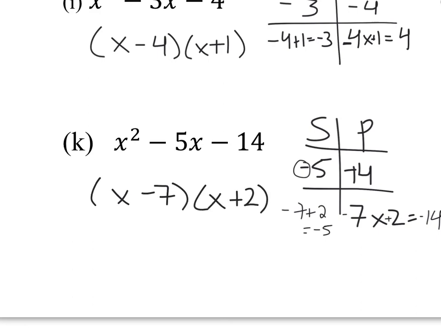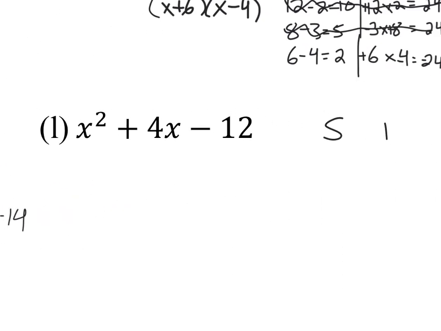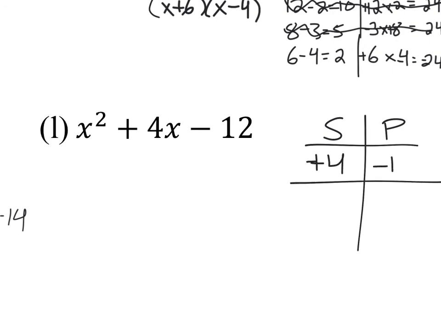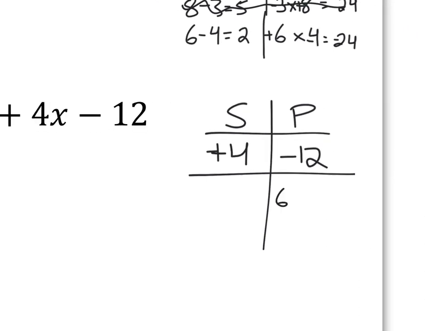Now let's see our last example here. See if we can do this one on our own here. Sum and product, positive 4 and negative 12. Stop the video now and try to come up with the two numbers that work. Okay, the two numbers that worked were 6 times 2, which is a 12.